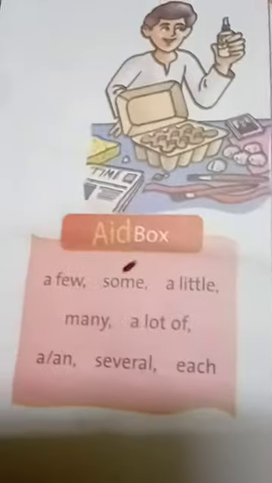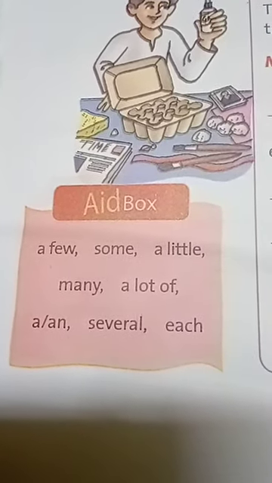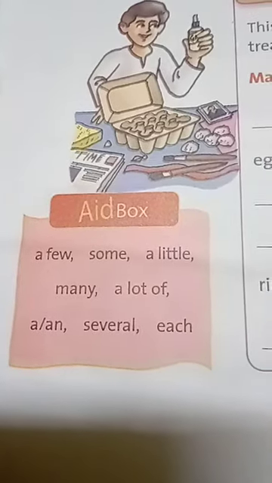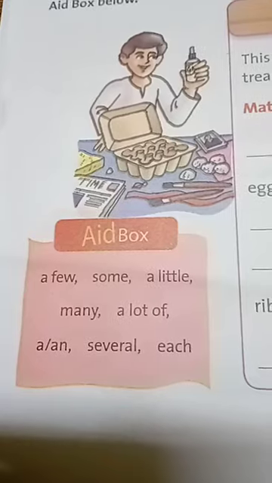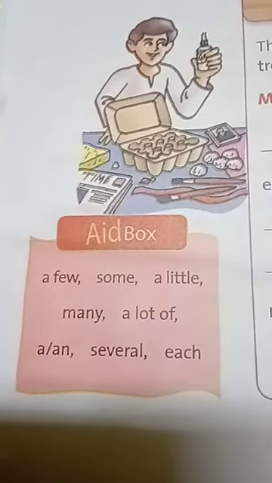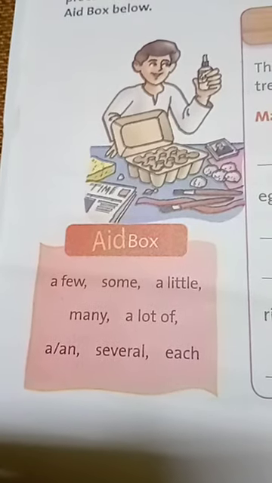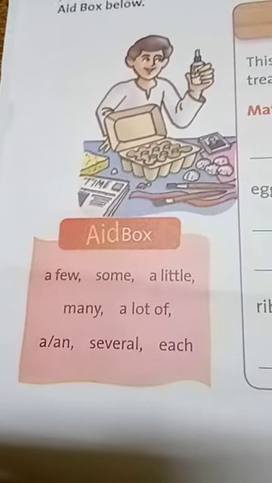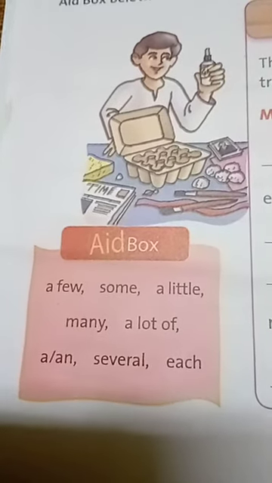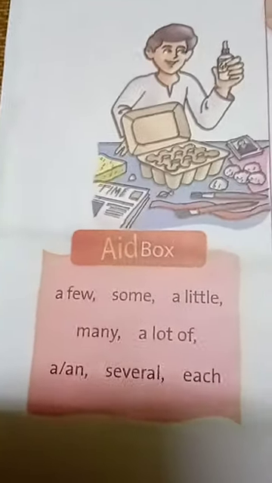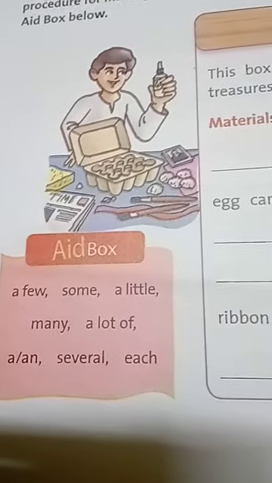The rest of the determiners, a few, some, a little, many, a lot of, several, each, these all will be used before either countable nouns or uncountable nouns. A few, some, many, several, each are used before countable nouns.